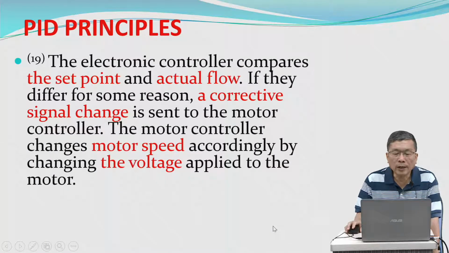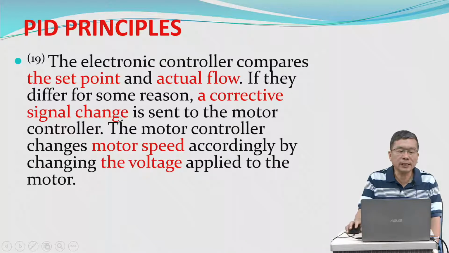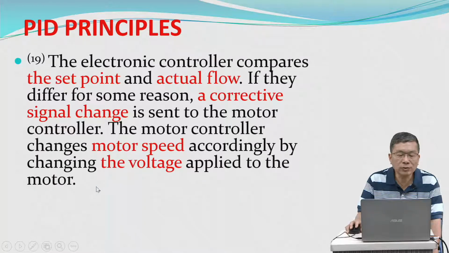The electronic controller compares the set point and actual flow. If they differ for some reason, a corrective signal change is sent to the motor controller. The motor controller changes motor speed accordingly by changing the voltage applied to the motor.